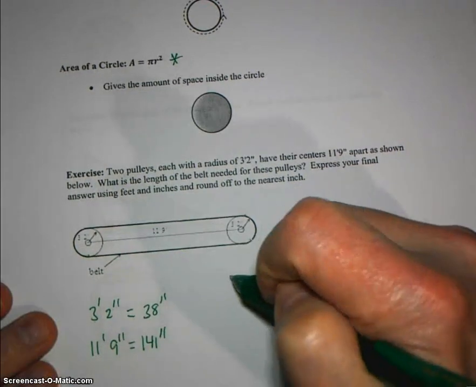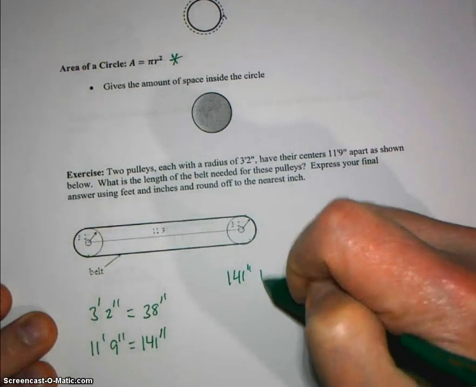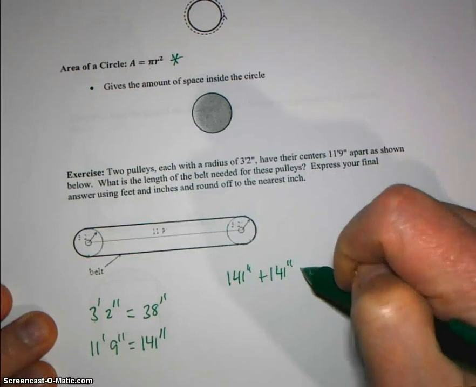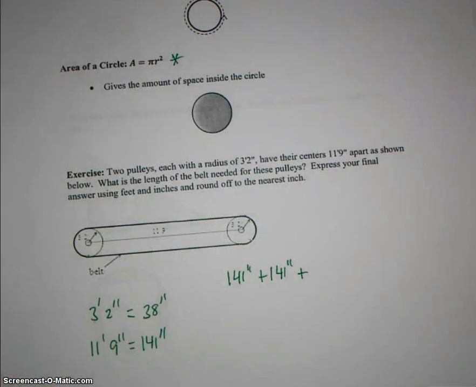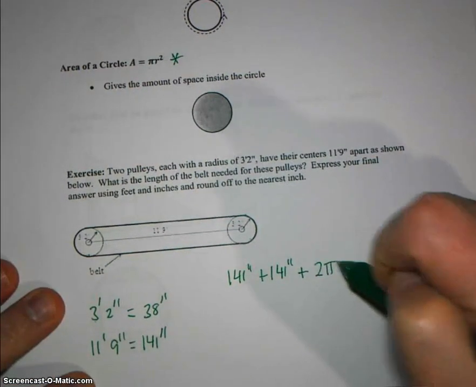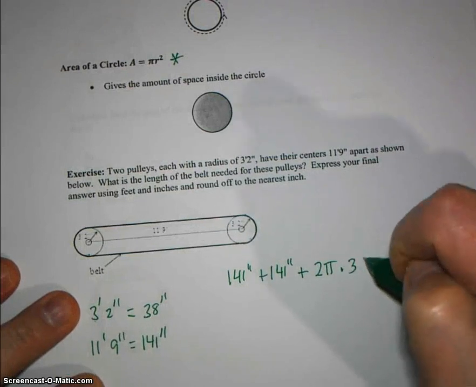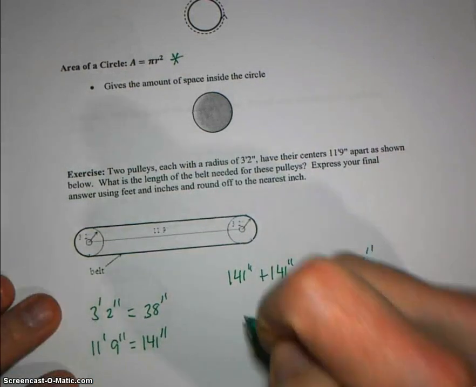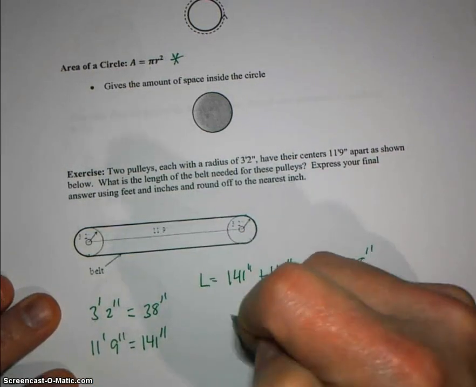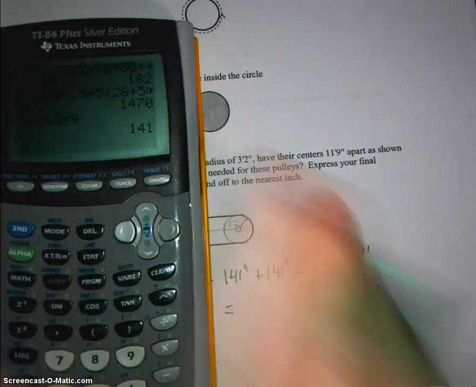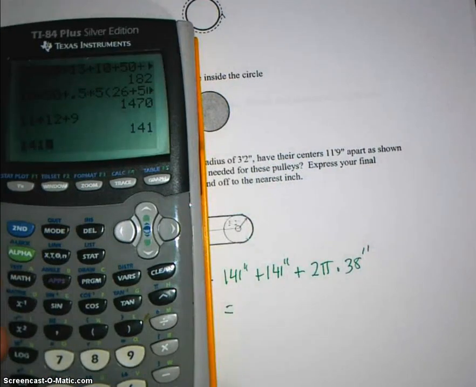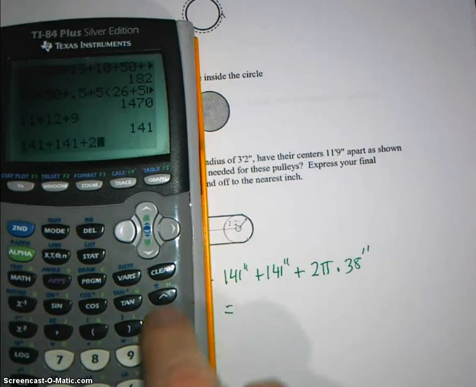So what we need is 141 inches plus 141 inches plus 2 pi times the radius, which is 38 inches. I'll call that L for length. So that's 141 plus 141 plus 2 times pi times 38.